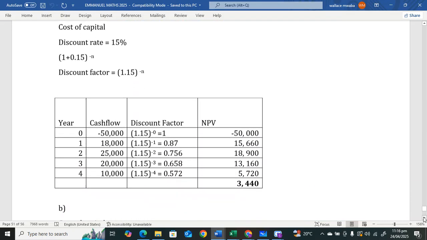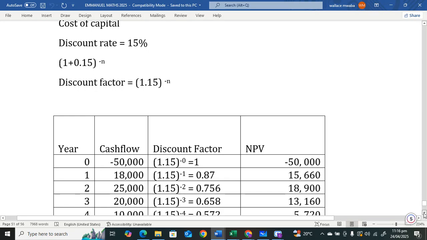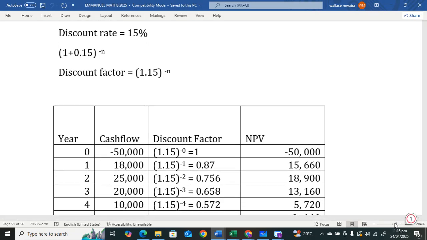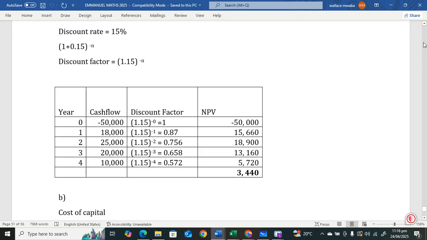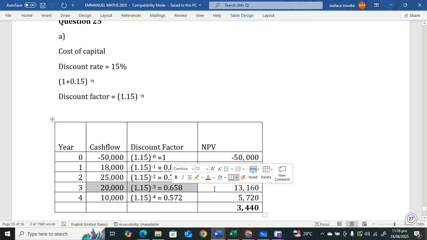Is this much better, colleagues? Okay, so year 3, 1.15 to the power negative 3, you get 0.658. So you say 20,000 multiplied by 0.658, what do you get?